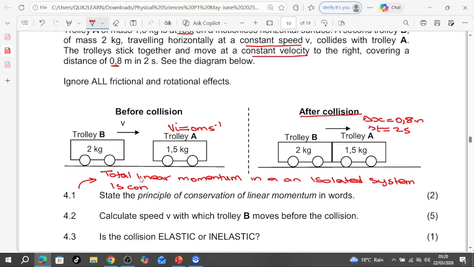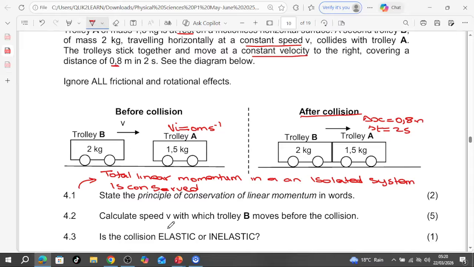Remember what we talked about on the multiple choice questions. So the total linear momentum is conserved, or you can say it remains the same, or it remains constant. That's the principle of conservation of linear momentum.